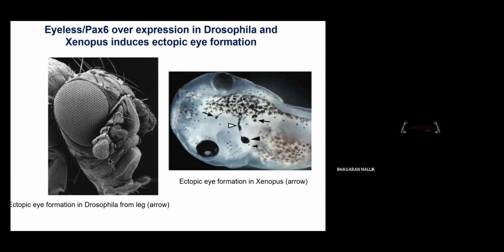When you overexpress PAX6, or eyeless, in Drosophila, you can see that this is the normal eye, and there is an ectopic formation of an eye from the leg. Similarly, in the Xenopus embryo, when you express PAX6, you have ectopic expression of eyes, which is shown by the arrow.